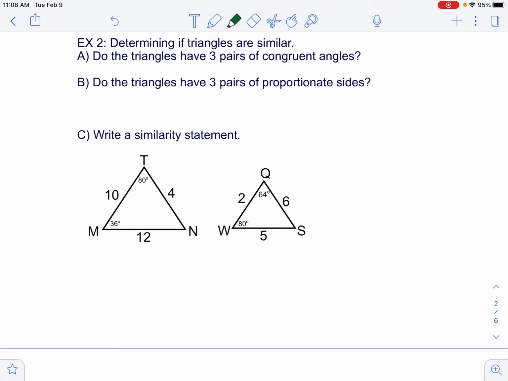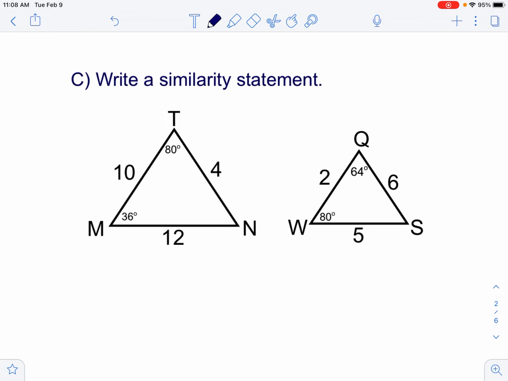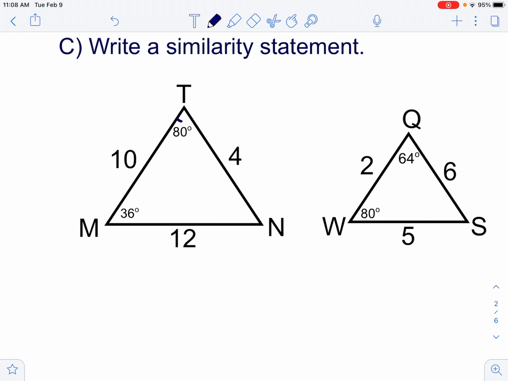All right, this next one here says determine if the triangles are similar. And we're going to do it by answering these questions. So in order to know if they're similar, the first question you should ask yourself is, do the triangles have 3 pairs of congruent angles? So I say, okay, well, this is 80 and this is 80. So that's 1 pair. And then I see 64 and 36. I shouldn't say, no, they're not congruent, because I can figure out the 3rd angle in each triangle.